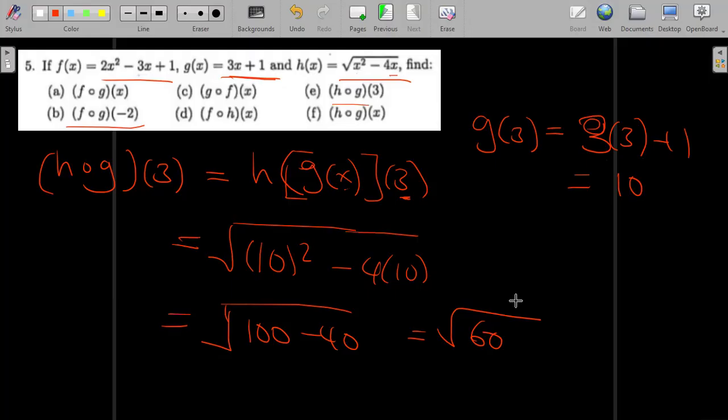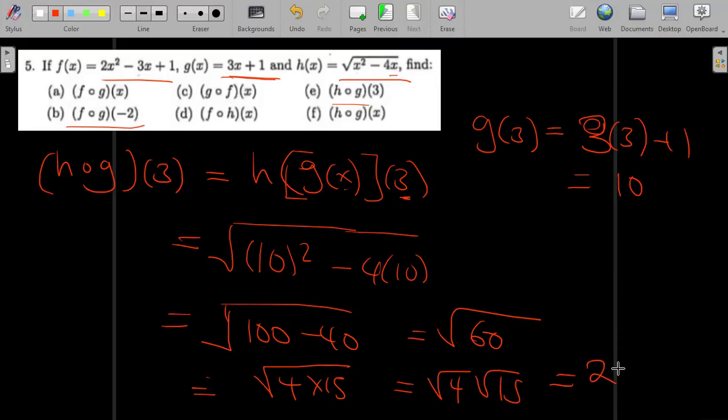Yes, I can. 60 is divisible by 4, which is a perfect square. If I multiply 4 by 15, I get 60. And I can write this separately as root of 4 times root of 15, and this simplifies to 2 root 15. That's going to be my value there for question E.